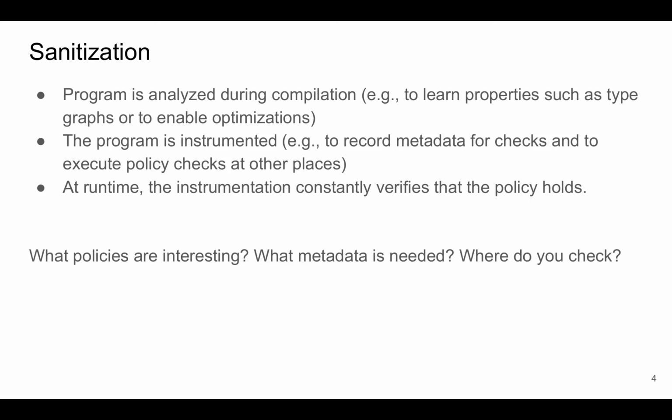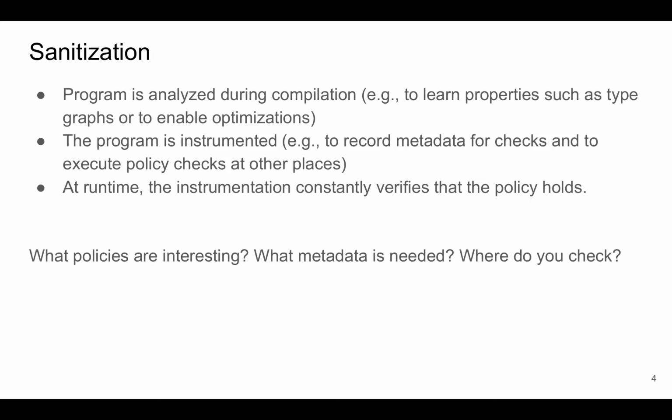In the second pass, or in the second part of the sanitization pass, the program is instrumented. Right? So sanitizers are inherently a set of runtime checks. So after analyzing the program, the sanitizer figures out where in your program you are carrying out dangerous accesses, right? And then it instruments these dangerous accesses to make sure that there's an actual check involved.